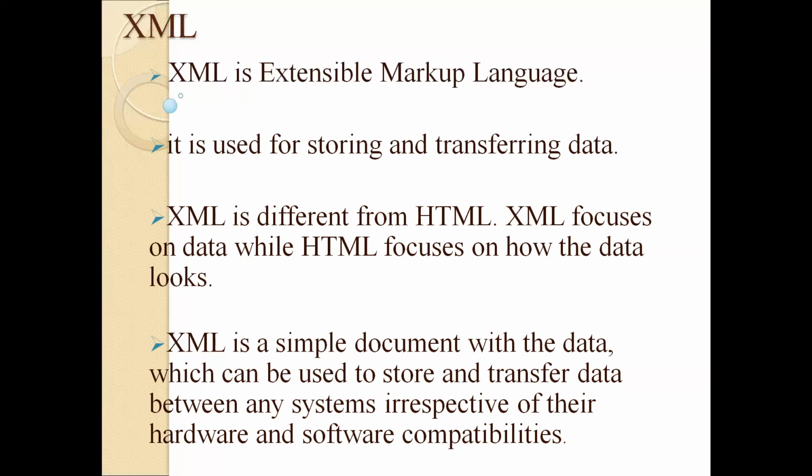We can transfer the data or store the data in any combination of hardware and software, right? So XML is a simple document which is used to store the data and to transfer the data between any type of hardware and software combination of systems, right?